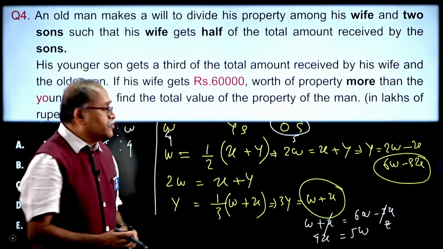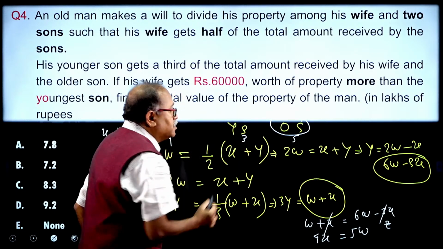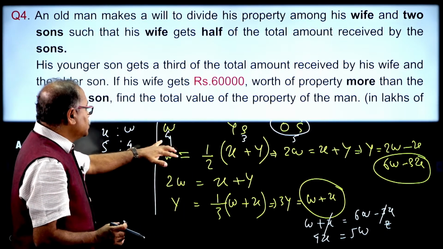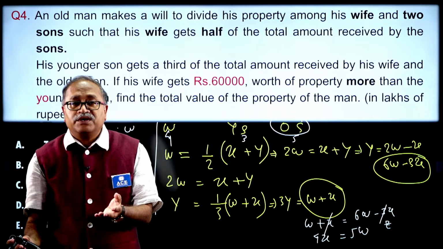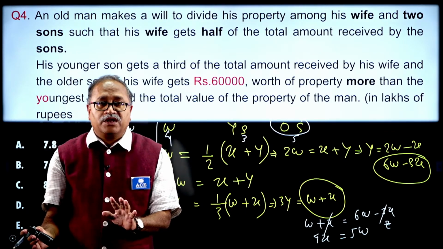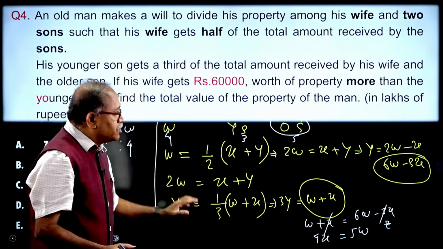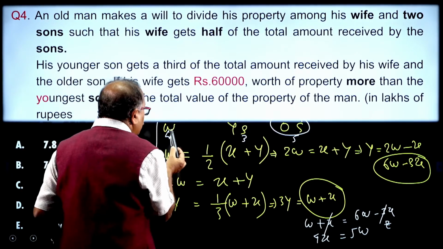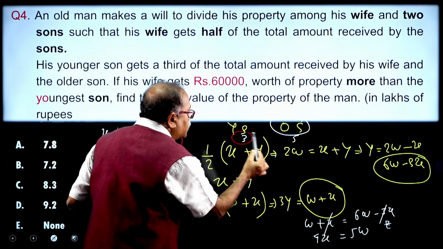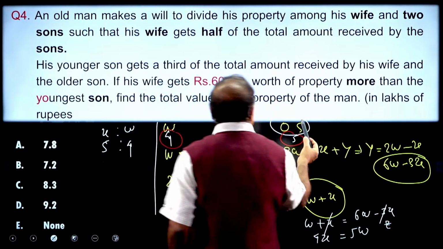So 1/3 of 9 is nothing but 3. So this is the ratio I got, 4:3:5. Some activity was there; it is not the prelim level, because you have to solve the equation. Anyhow, I got the ratio here, 4:3:5.